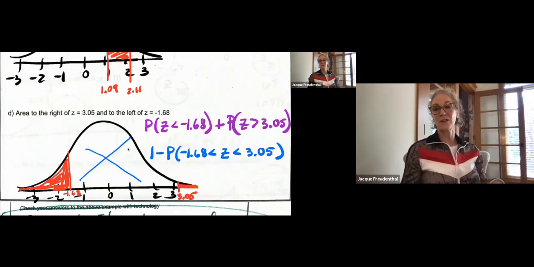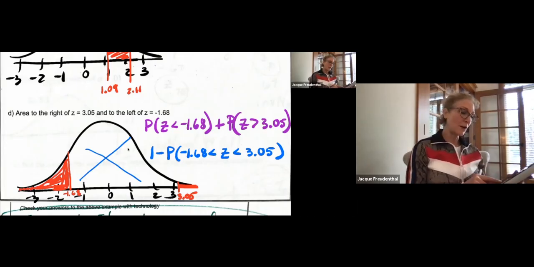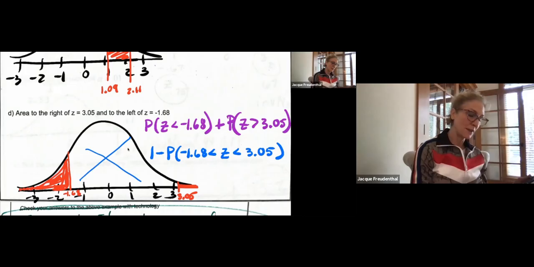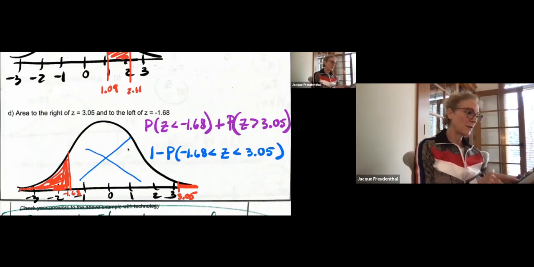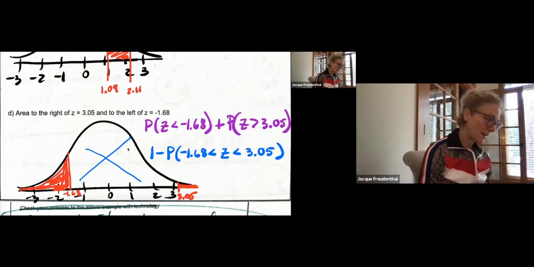And actually StatCrunch is set up this way for you as well. So I'm going to put the 1 minus on my screen before I grab the normal CDF. And then I'm going to go second vars, grab your normal CDF. I want between negative 1.68 and 3.05 for Z-scores, the mean is 0, standard deviation of 1, and I hit enter.